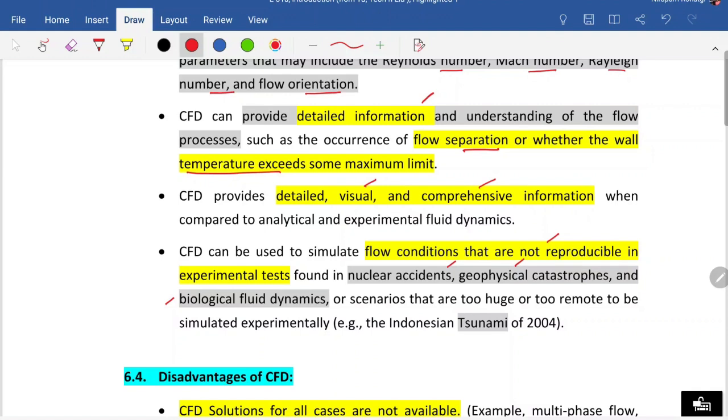And analytically also it is not possible because your flow passage is not uniform. Your blood is a non-Newtonian fluid. All that you can study with CFD.